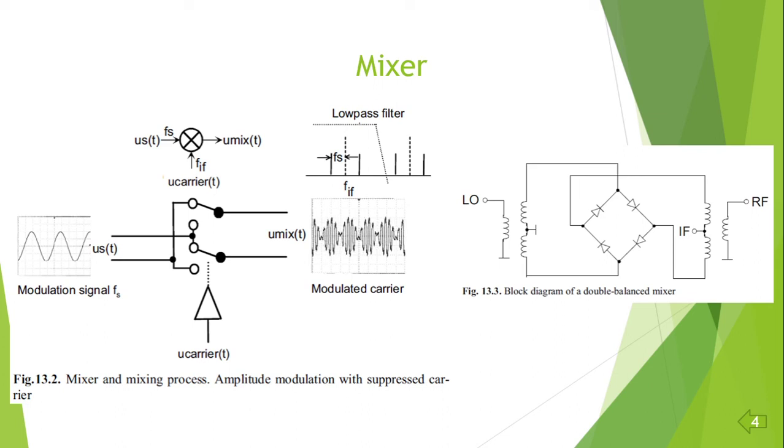The carrier signal, LO, the local oscillator, is coupled in via an RF transformer, and the modulation product is coupled out via an RF transformer. So there are two transformers, input side and output side. The modulation signal is fed in DC coupled.